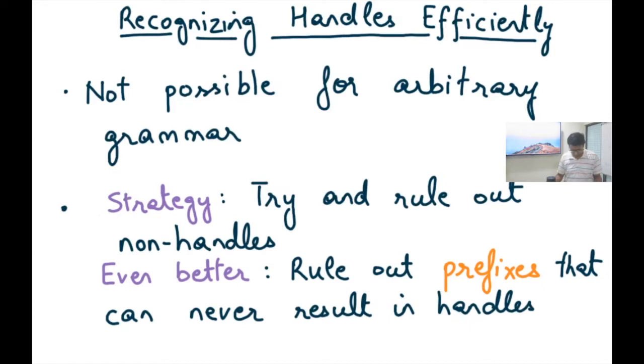And if we ever try to shift and we are sure that this particular prefix can never result in a handle, which means it can never reduce back to the start symbol, then we know that we shouldn't be shifting. Or alternatively, if by reducing, the string that we get on the stack is a prefix that can never result in a handle, then we know that string can never result in a valid parse, and so we don't do that. So based on this information, whether something could be a prefix of a handle or not, in a best effort way, we could make choices of whether to shift or whether to reduce.